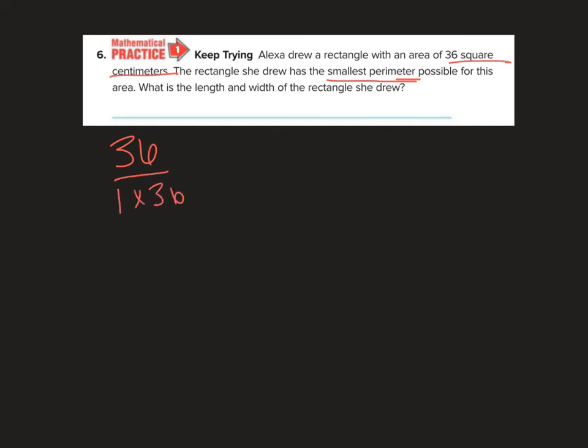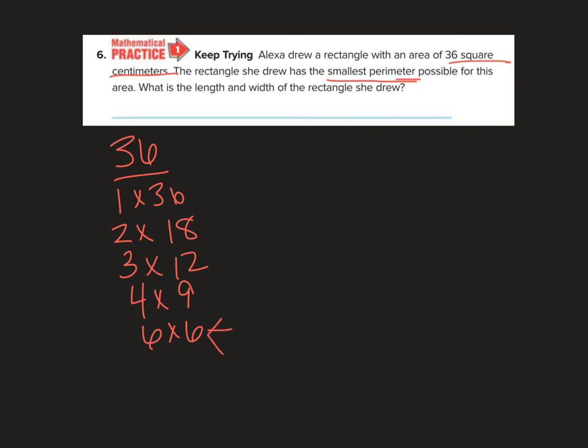That's really far away, going to make a large perimeter. 2 times 18. 3 times 12. 4 times 9. 5, nope, 6. Yes, 6 times 6. Okay, so the closer the length and width are together, the smaller the perimeter.